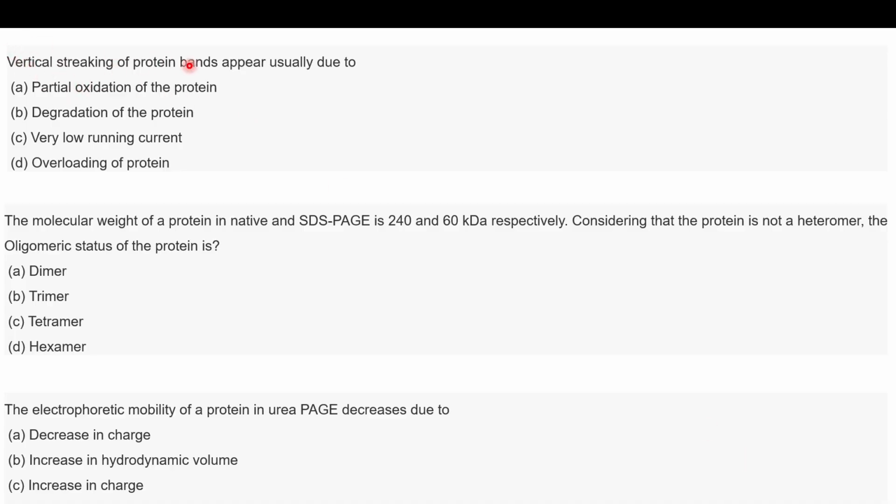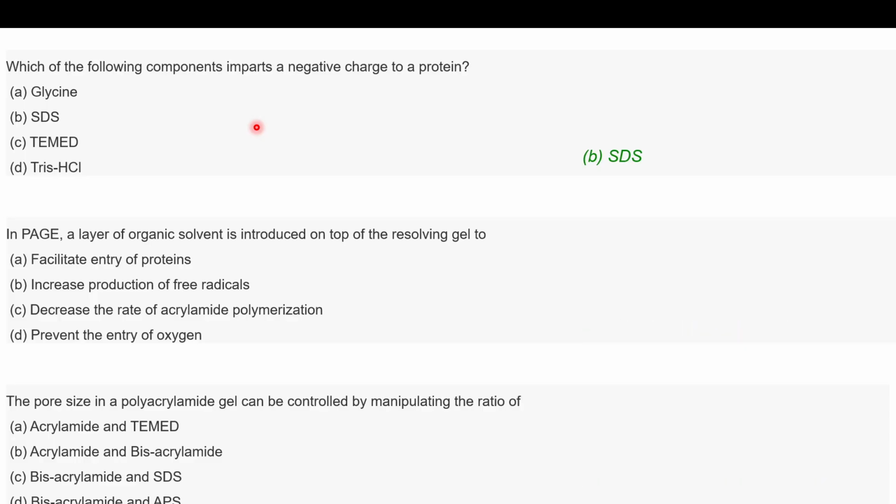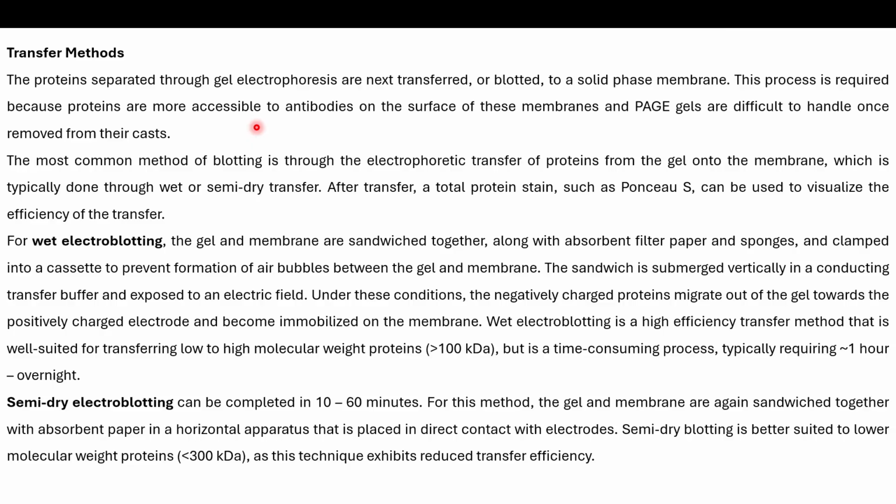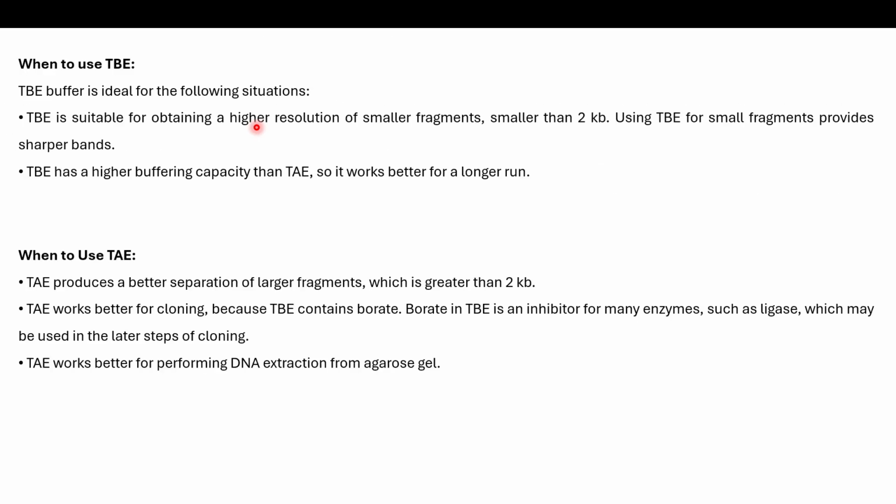Now, when we talk about vertical streaking of protein bands, why does it happen?